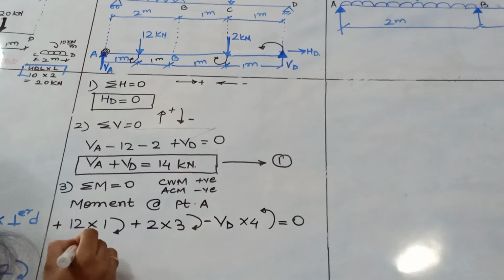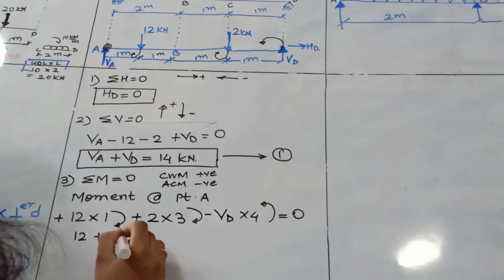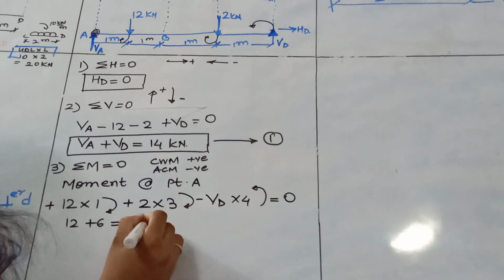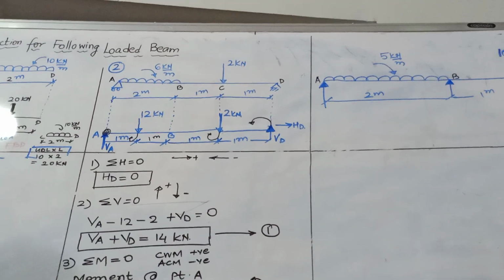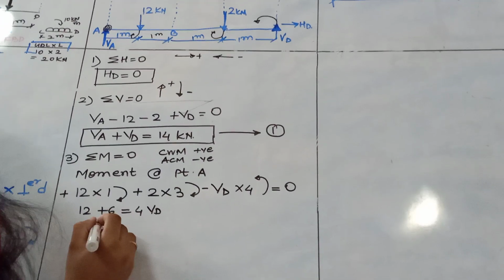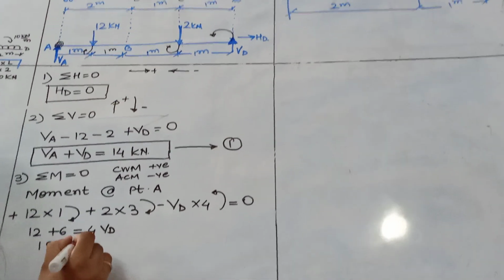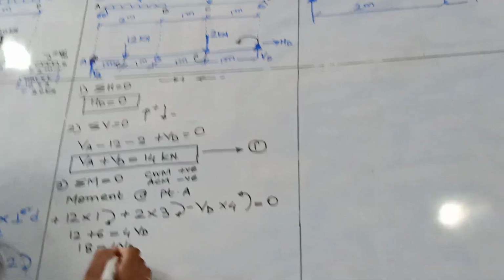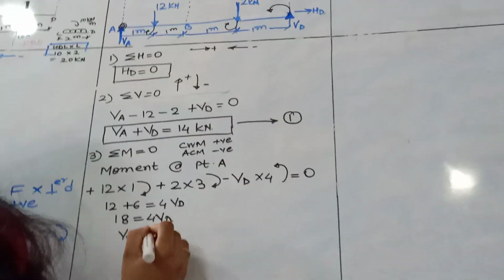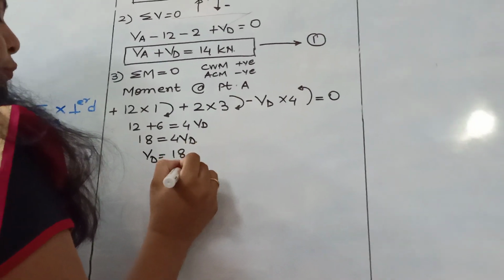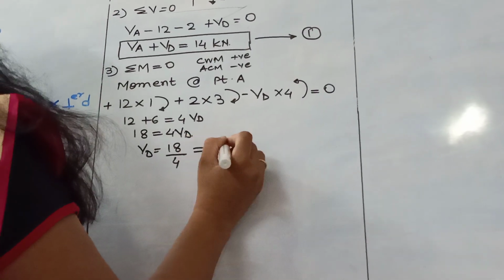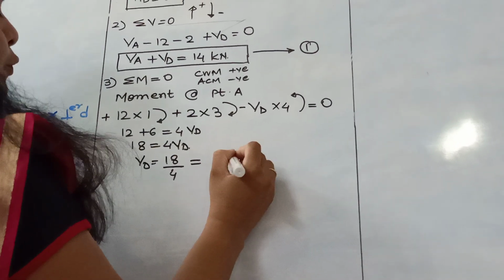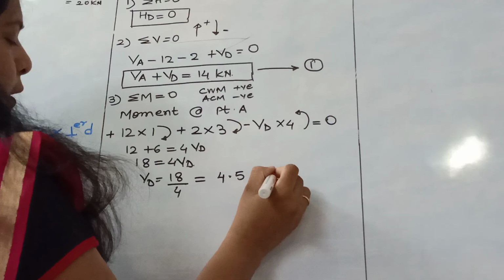So we get 12 plus 6 is equal to 4 VD. Negative, if we take it to the right side, it will be positive. So 18 is equal to 4 VD. So VD is equal to 18 divided by 4, which comes out to be, 4 fours are 16 and 2, so 4.5 kilonewtons.